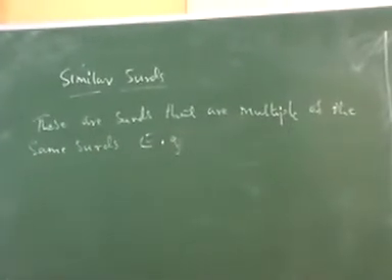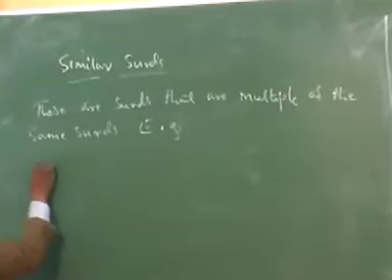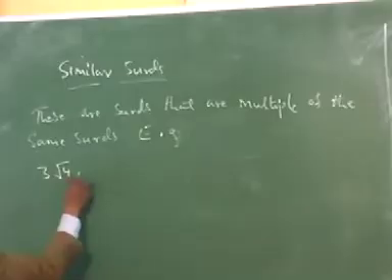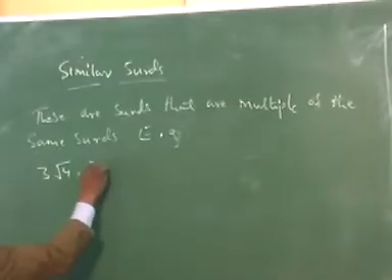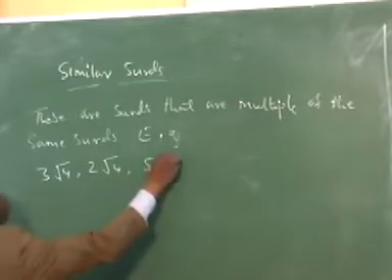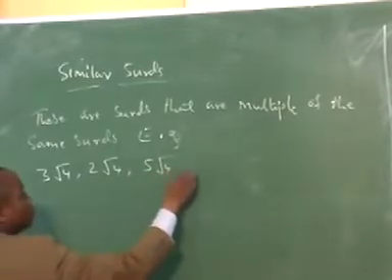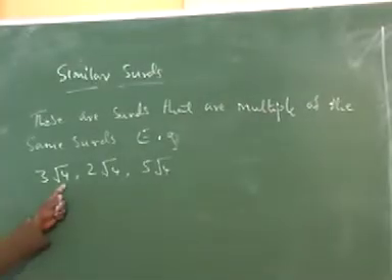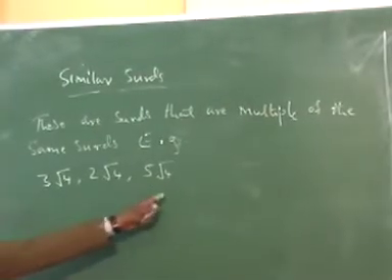Example, if I have 3 root 4, 2 root 4, 5 root 4, you can see that they have the same sort.